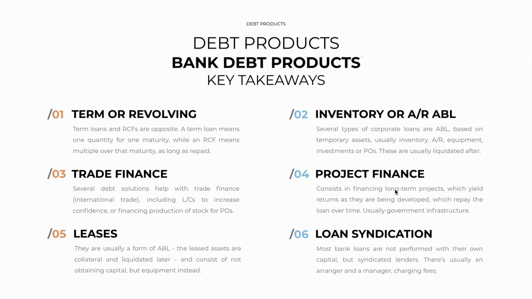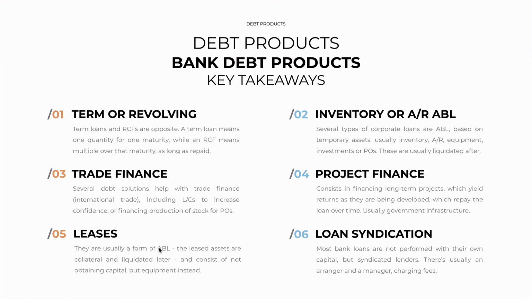Bank products also exist for project finance. These consist of financing long-term projects which yield returns, hopefully, as they're being developed, which in turn are used to repay the loan over time. These are usually government infrastructure projects, but not necessarily. Then we have leases, usually a form of asset-based lending.